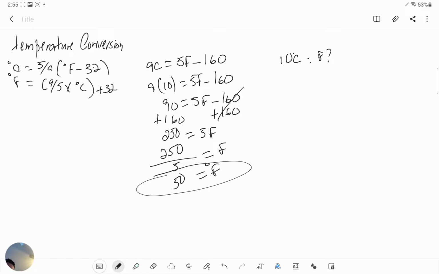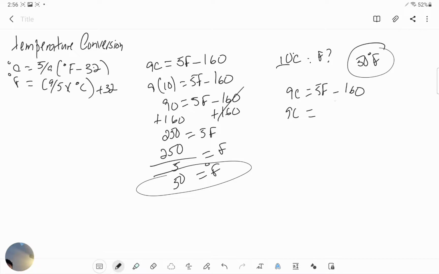Now the next one, we're going to reverse it. If we get 10, that means the formula is good, right? So let's do it for 50 Fahrenheit to Celsius. Same thing: 9C equals 5F minus 160.